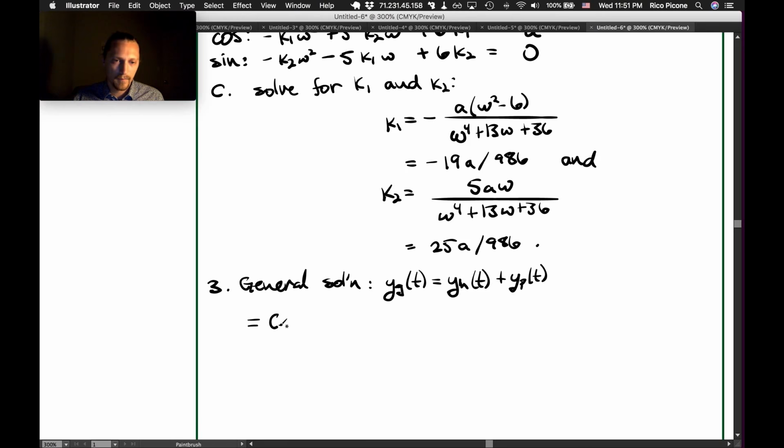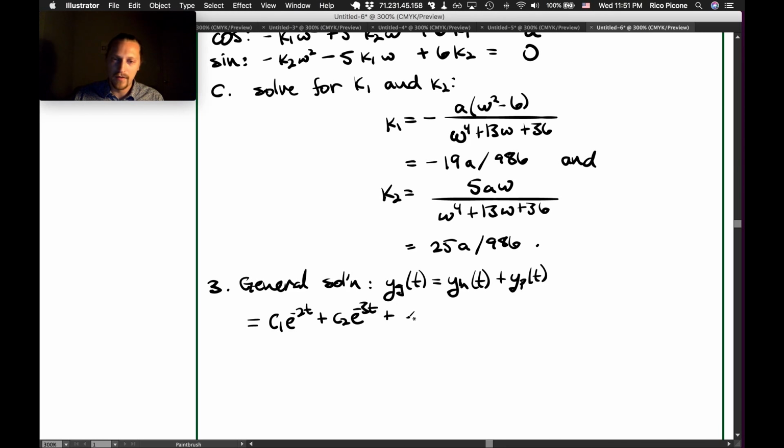C1, so here's the homogeneous solution part, e to the, I'll plug in lambda 1, so negative 2t, plus C2 e to the negative 3t. Kind of breaking my rule here and plugging in some numbers a little early.